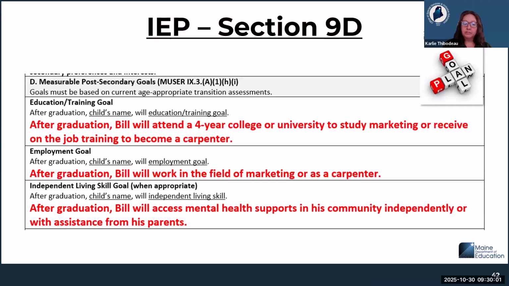And that's okay. These goals can change. And you can see that this student does have an independent living goal, about accessing mental health supports in his community independently or with assistance. So the independent living skill goal isn't only for certain students. It can be for anybody.